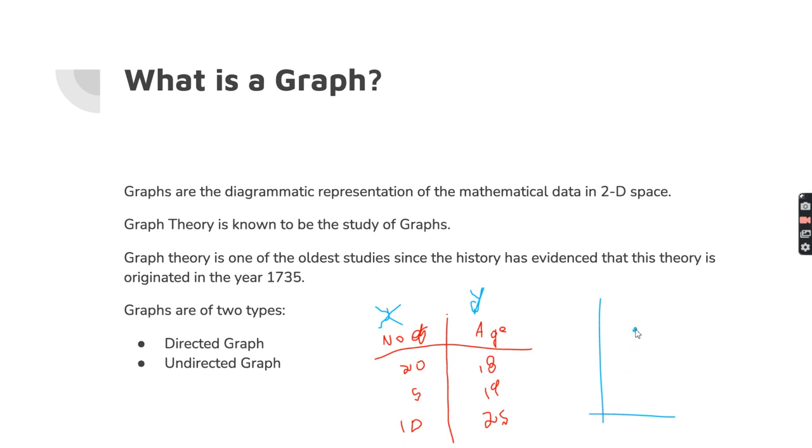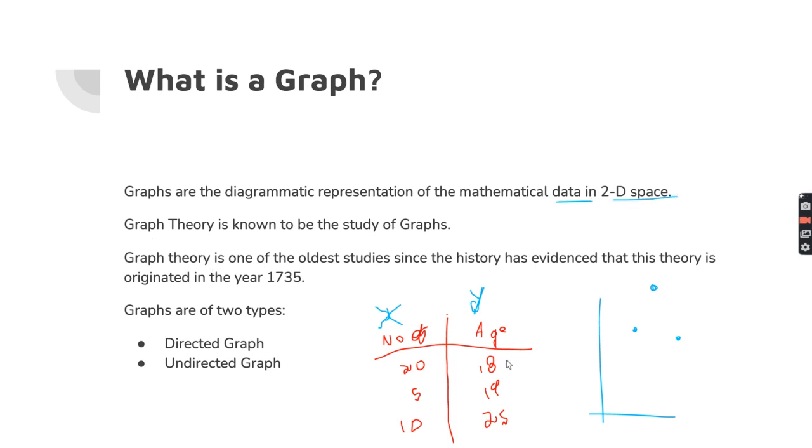Let's say the data point is over here, and it's 20 and 18. Let's say the data point is over here, and 10, 25. So on x-axis it's going to be 10 and 25. We took an example of sample data, and this is nothing but the graphical representation of the data in 2D space.